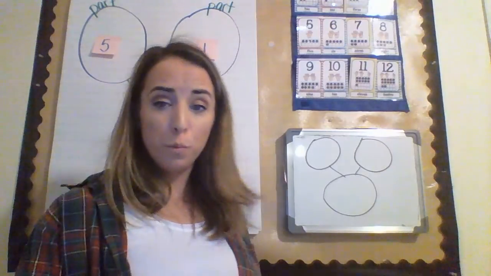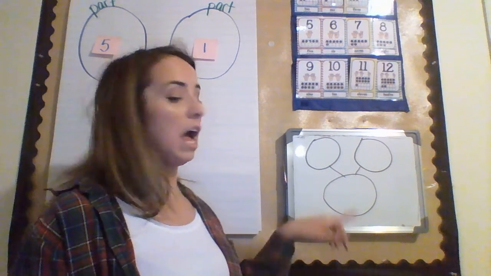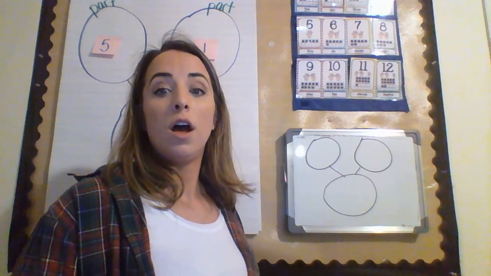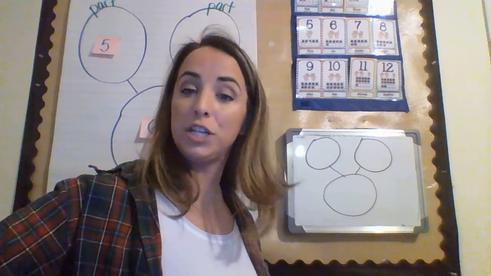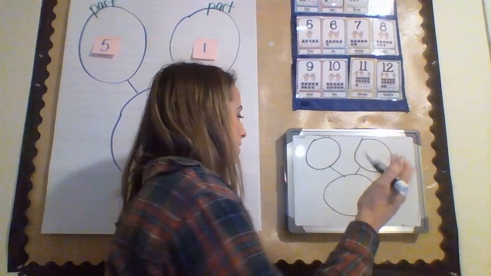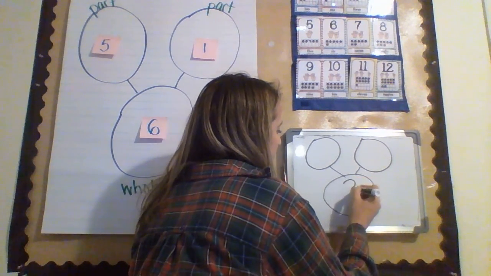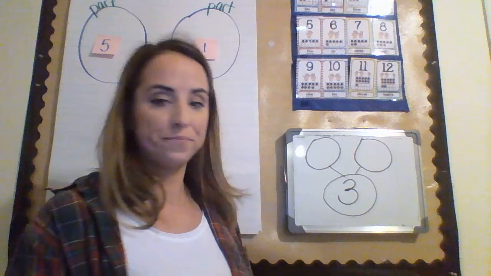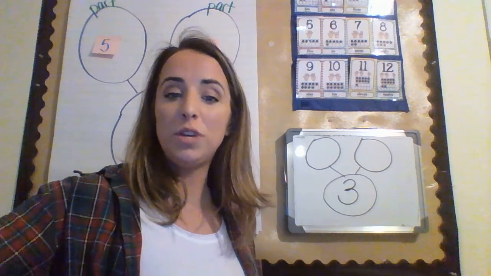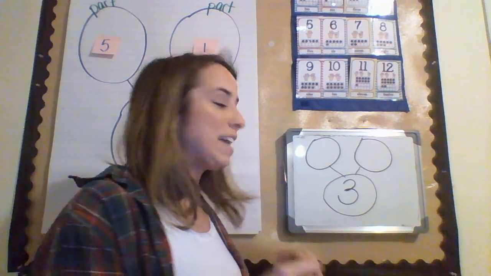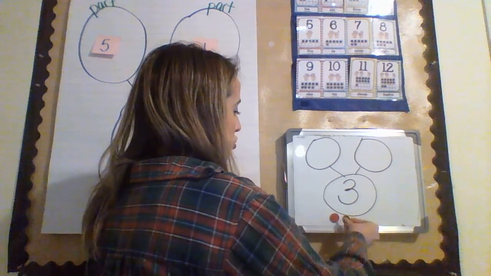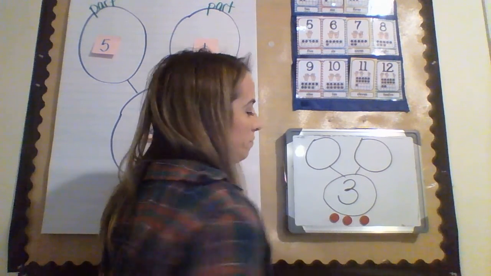Okay, so here we go. My whole is going to be this number, 3. So that means you need to get out 3 counters. Here we go. 1, 2, 3. Okay?